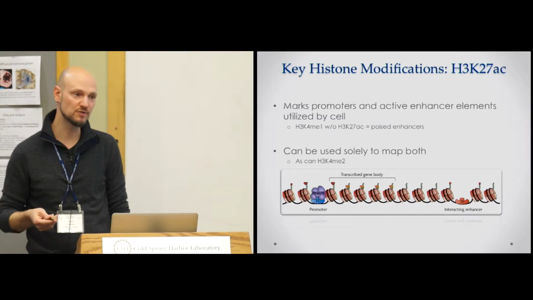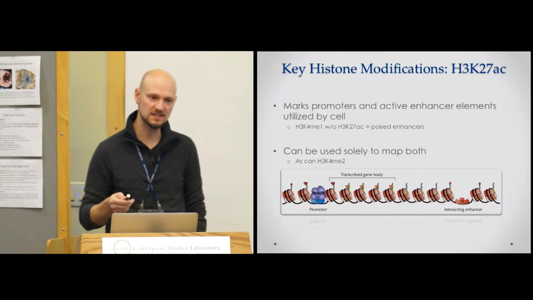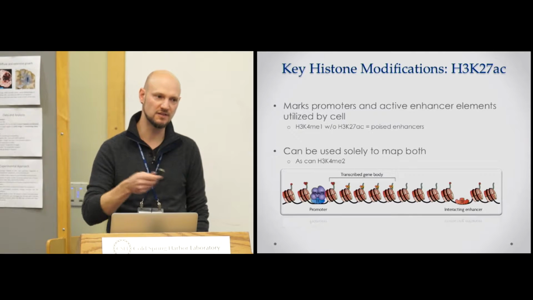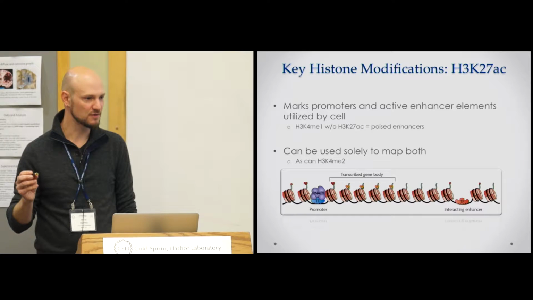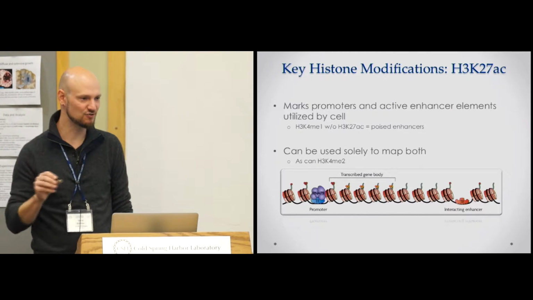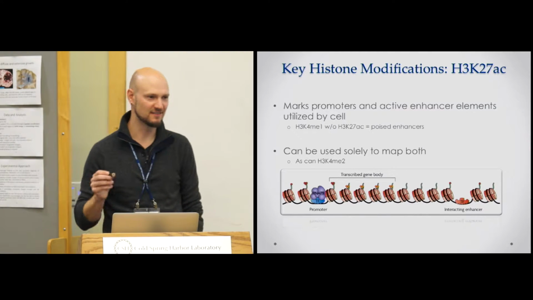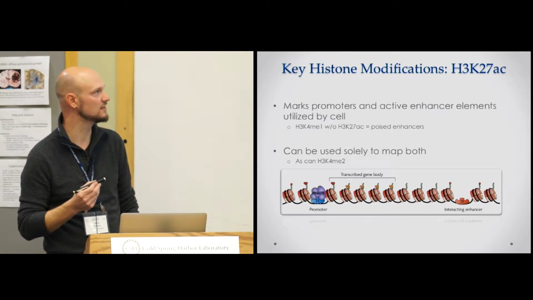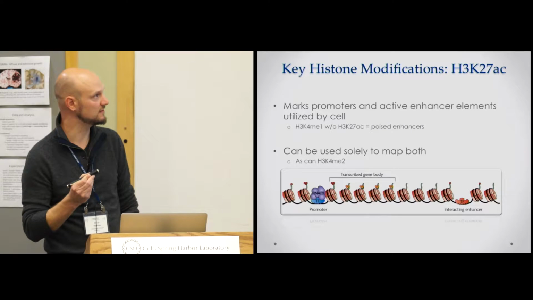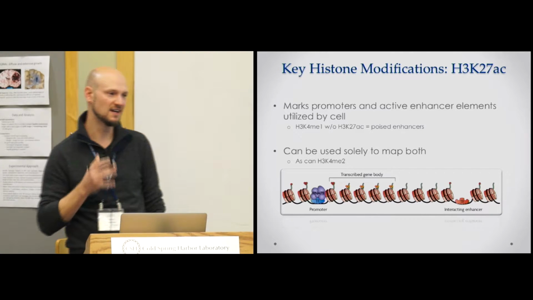So others have used K27 acetylation to solely map both promoters and enhancers, especially if you don't necessarily care about finding novel promoters, right? Once you find these intronic acetylation sites, there could be a question of whether you've found an alternative promoter or an enhancer. But many people have used H3K27 acetylation in a single ChIP.